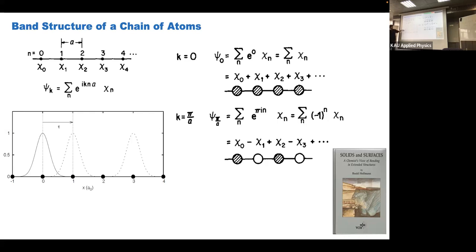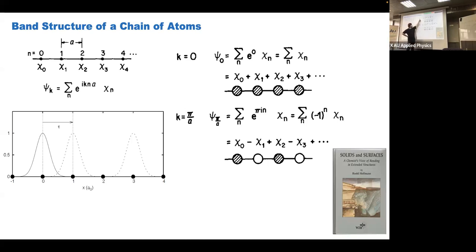Mostly they are independent, localized near the atoms, and we can make this simple sum of these psi functions. Then we can consider 2 cases: wave vector k equals 0, and k equals π divided by a. So it's the center of the Brillouin zone and the border of the Brillouin zone.